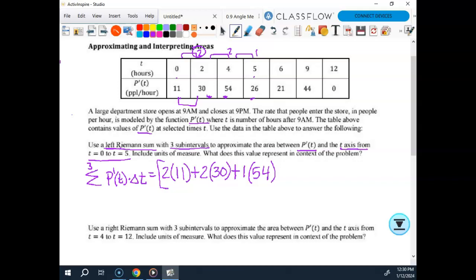Those are pretty easy numbers. I actually could multiply and add. Should I? No. I need my units. I think you should literally take your units, people per hour, multiply it by hours, and figure out what you get, so that you don't do something weird. The units on this is people.